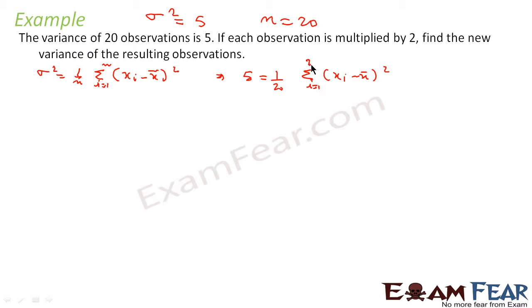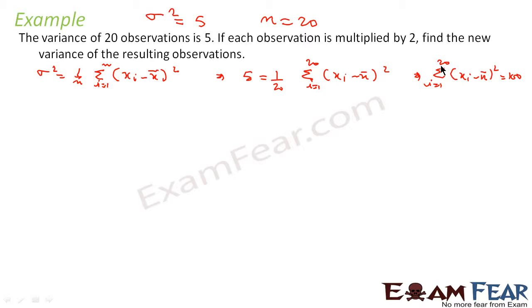We can multiply by 20 on both sides, and we get the summation of (xi minus mean) square is equal to 20 into 5, which is 100, where i is 1 to 20. This is my first equation.